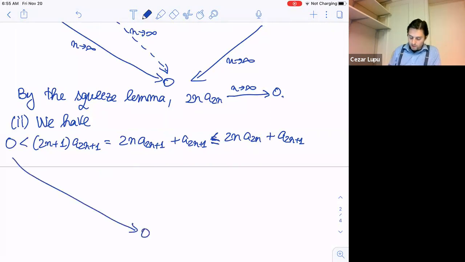And now guess what? This is greater than 0. Again, we use the squeeze lemma. So this guy, we know from before, will converge to 0. And also we know that this guy will converge to 0. So therefore, their sum will converge to 0.